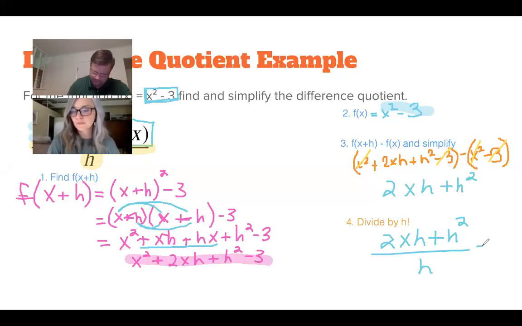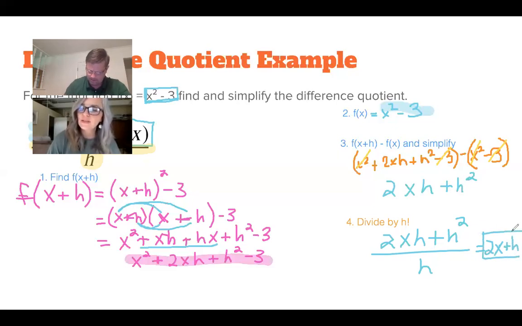And all I would be left with is 2x plus h. So there's 3 pieces here, 2xh, h squared, and h in the bottom. All 3 of these pieces have this common h, so we can just remove that common h, and we're left with 2x plus h.